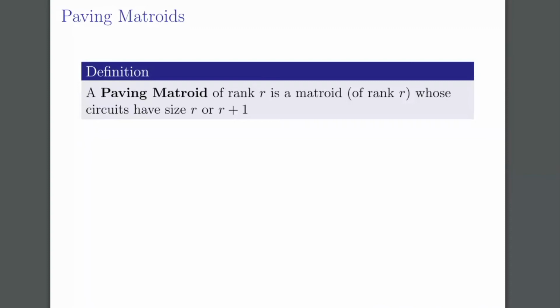And it turns out that just by restricting to this case, you actually get a lot more structure on your matroids. So matroids generally are very complicated to work with, but paving matroids are very nice to work with. And before I go on, I do want to say that this is a reasonable class to look at, conjecturally at least, because it's been long conjectured that paving matroids are asymptotically most matroids.